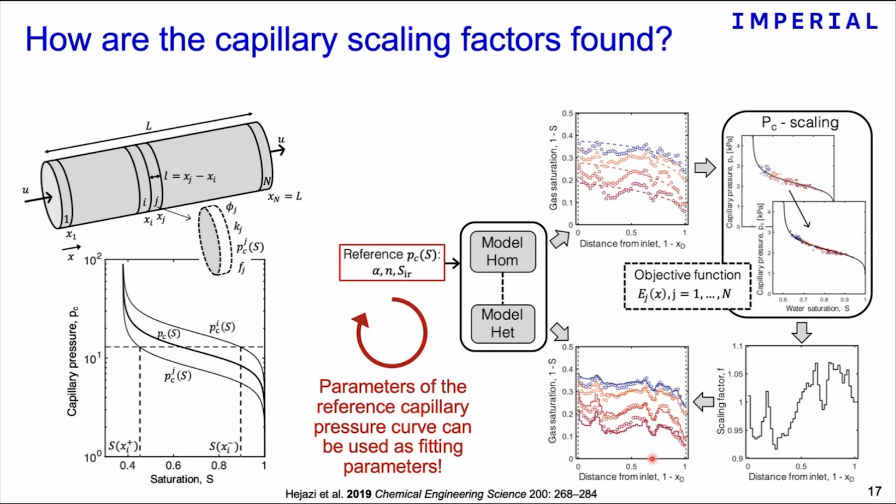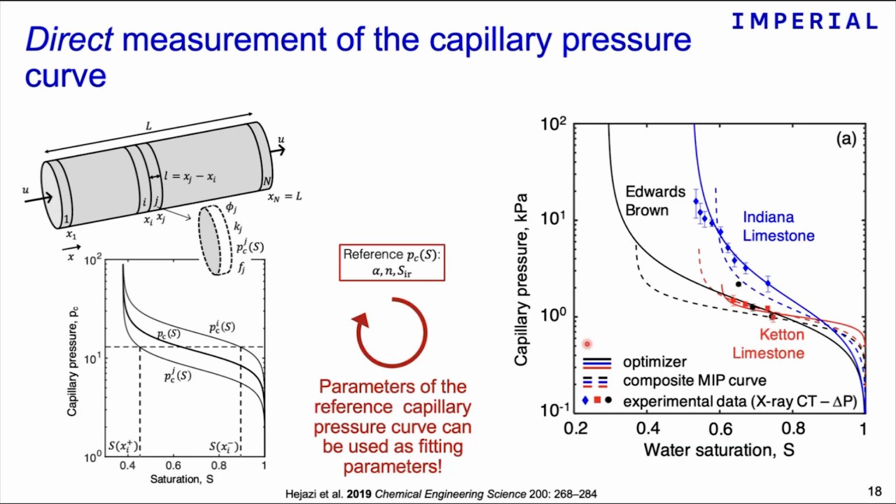And this is quite useful because the method allows you not only to capture the saturation profile, but also to obtain this characteristic capillary pressure curve for the specific sample directly with the fluids of interest, right? So you don't need to go through a classic conversion, for instance, from mercury intrusion to the CO₂ water pair, but you can measure this property directly with the fluid pair of your experiments.